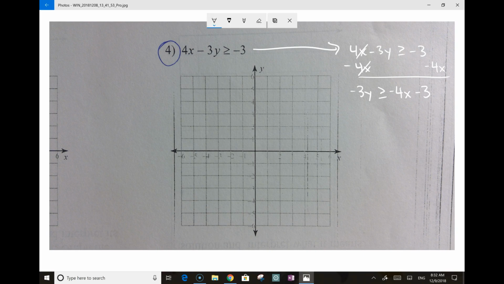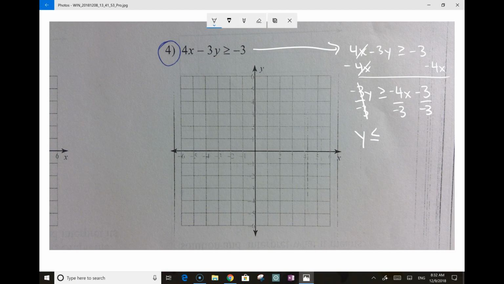Now, I have to divide by negative 3. And again, I do this everywhere. This becomes a 1. Now I have y alone, which is good. But because I divided by a negative, the principles of inequality say that your inequality symbol must reverse its direction.